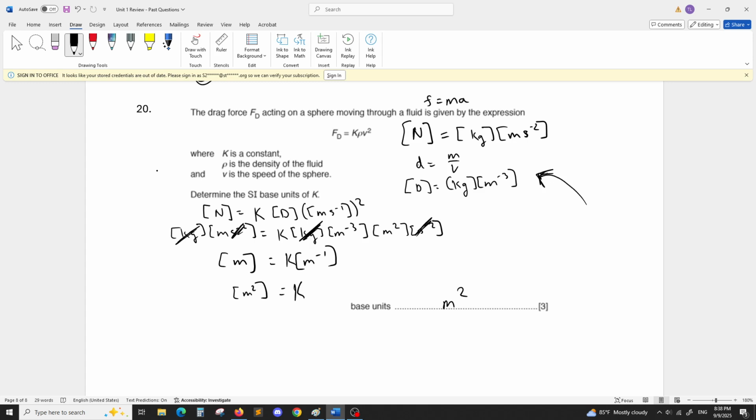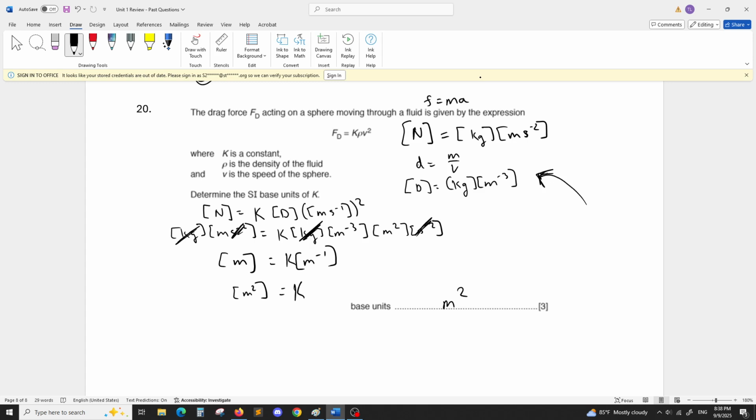So the key for this problem is that you have to stay organized. I wrote these equations so I know exactly what I'm dealing with, and then we slowly plug everything in so we know where we are, and then we cancel out everything as we go along, rewriting as needed.